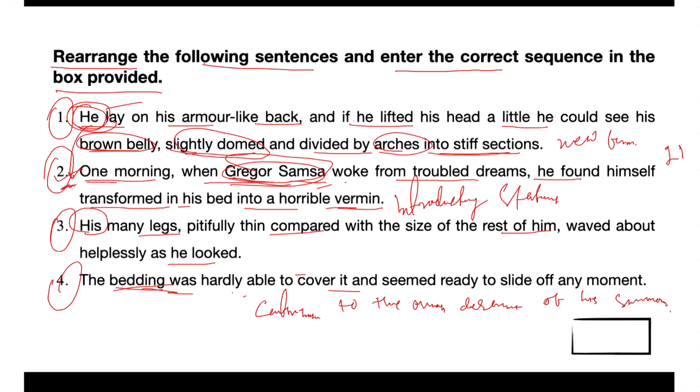So the sequence should be 2, 1, 4, and definitely sentence three would be the concluding one. It is the concluding sentence of the paragraph, describing Gregor's helpless state as he observes his thin, flailing legs.